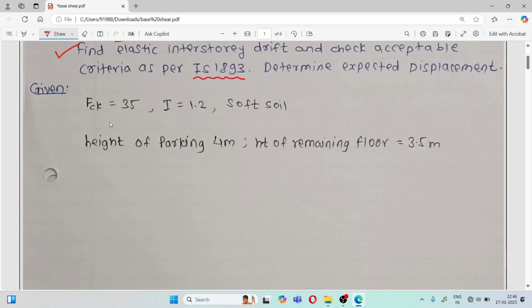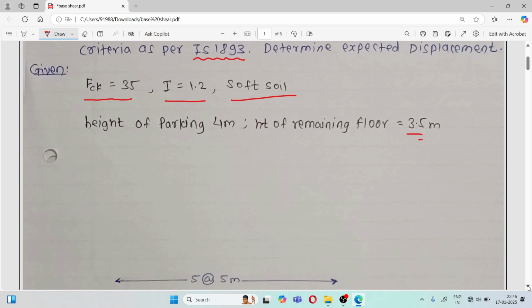So they have given some data like grade of concrete is M35, importance factor is 1.2, soil strata is soft soil. Okay, height of the parking is 4 meter, and above it the height is 3.5 meter. I will show you the plan.